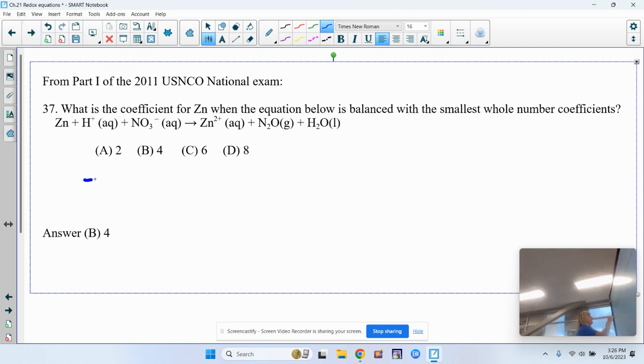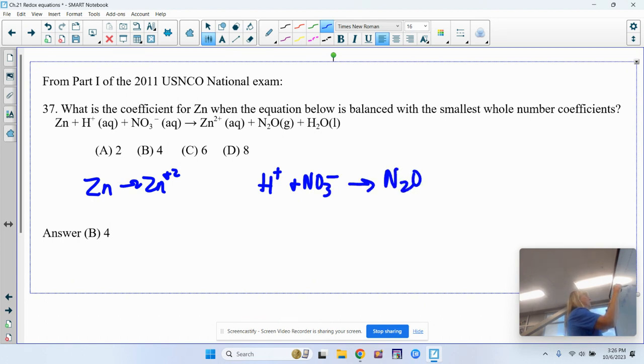So you have zinc going to zinc plus 2, and then you'll have the hydrogen plus the NO3 minus going to N2O plus H2O. Those are the 2 skeleton equations. And then you need to go through all the steps, balance those, and see what the coefficient for zinc is. Okay, so just going through those exact steps like we just did, and you should come up with that you have a 4 for zinc.